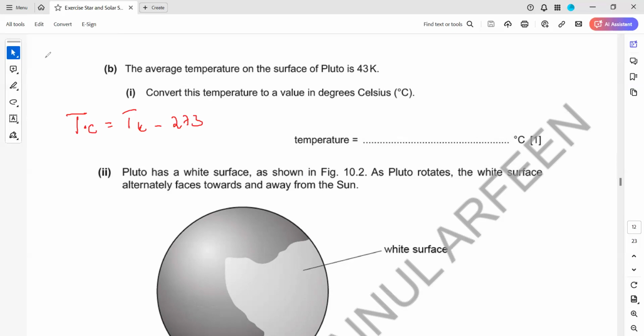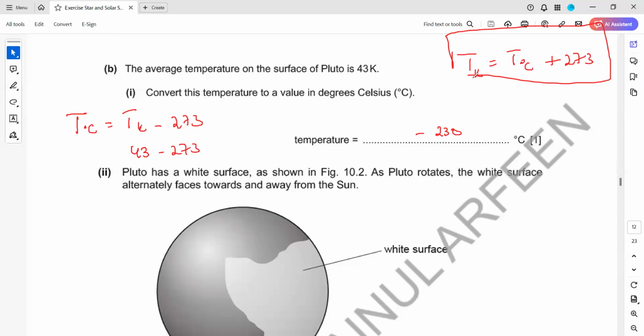So 43 minus 273 gives minus 230 degrees centigrade. And the opposite, to convert degrees centigrade to Kelvin, we add 273. So this is the conversion from Celsius to Kelvin, and the other is from Kelvin to Celsius.